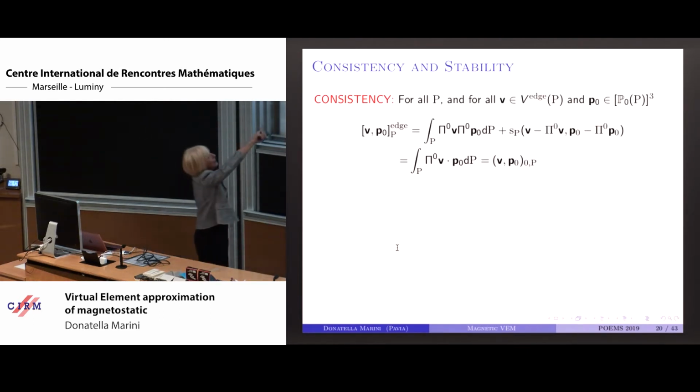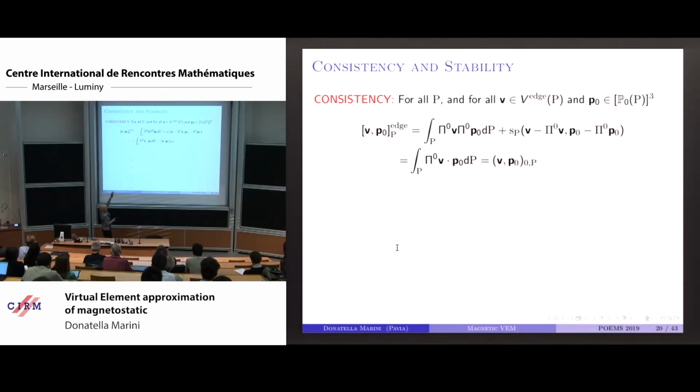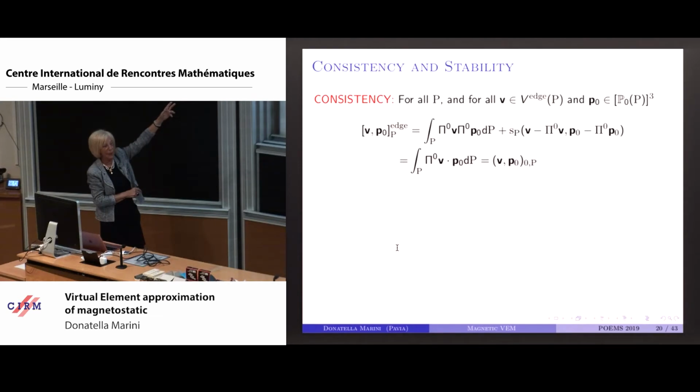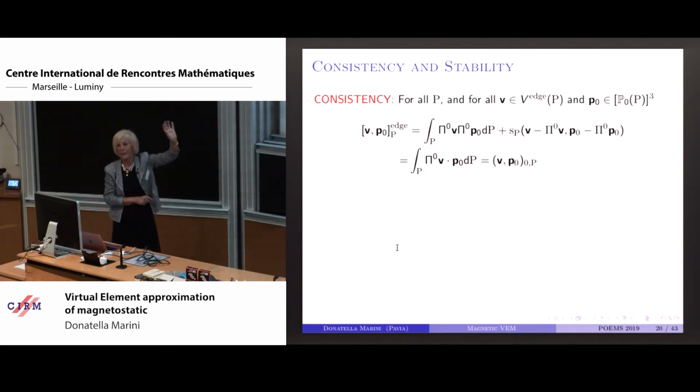The second part goes away if one of the two entries is a constant, as P0. So we are left with the first integral, and then by definition of projection, we obtain that if one of the two entries is a polynomial of degree 0, then our edge scalar product is exactly the L2 scalar product. So this is consistency onto constants.